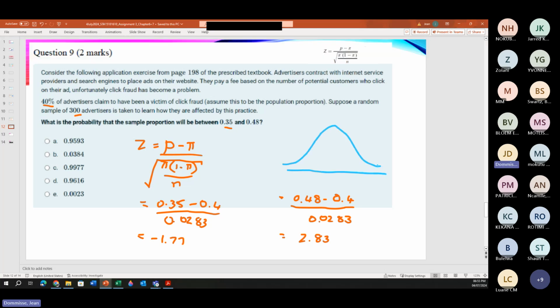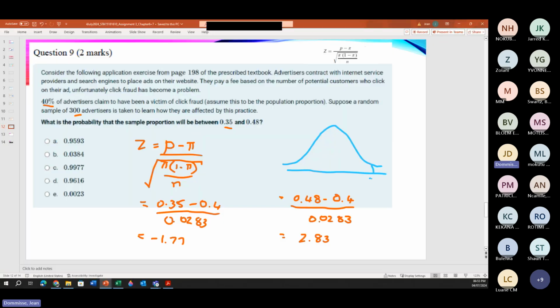We're looking for the value between Z 2.83 and Z minus 1.77.